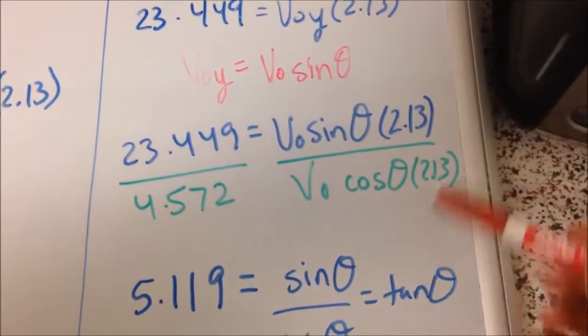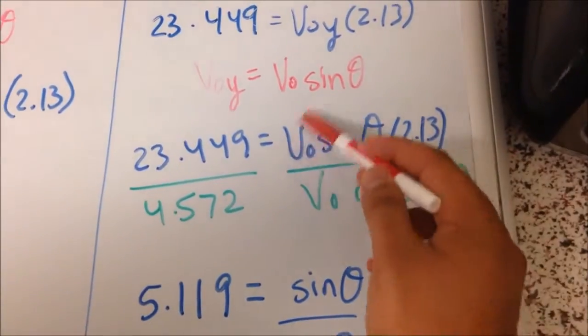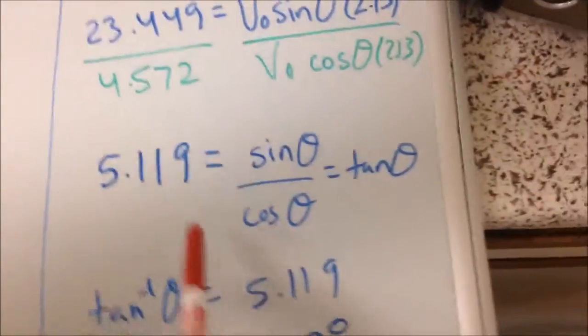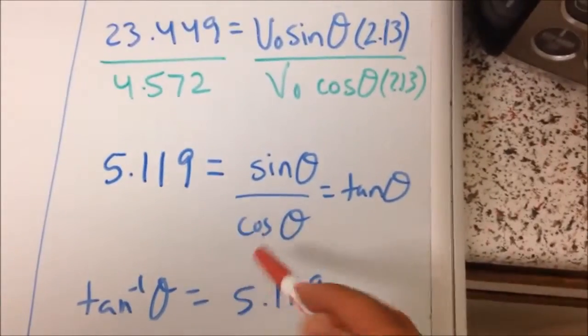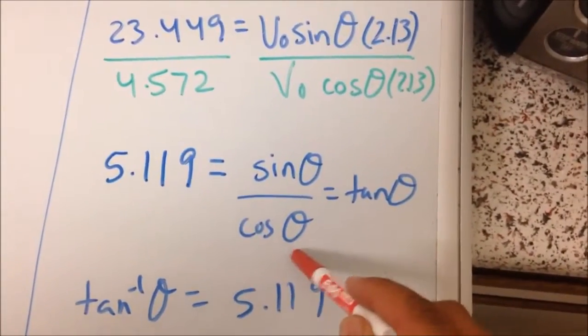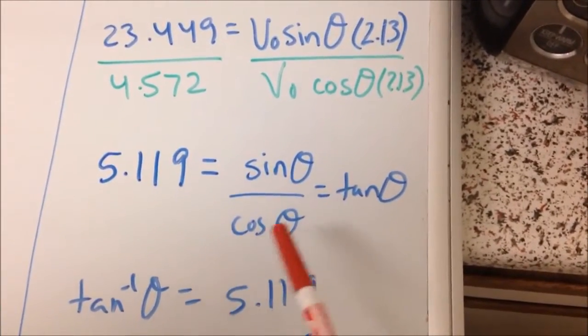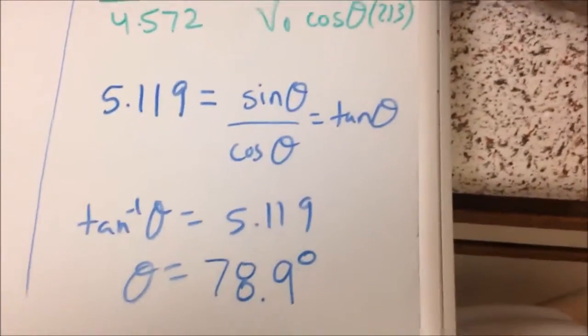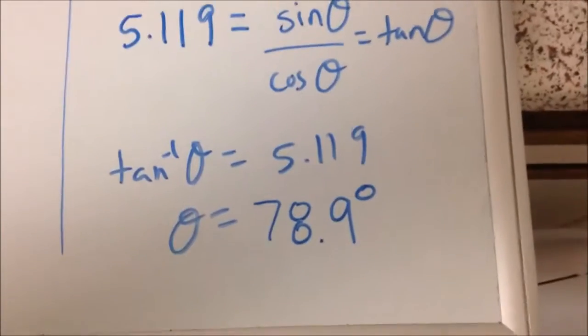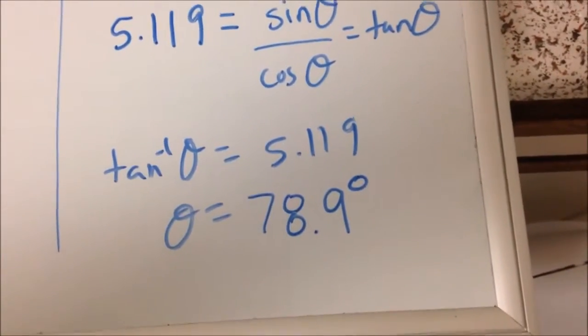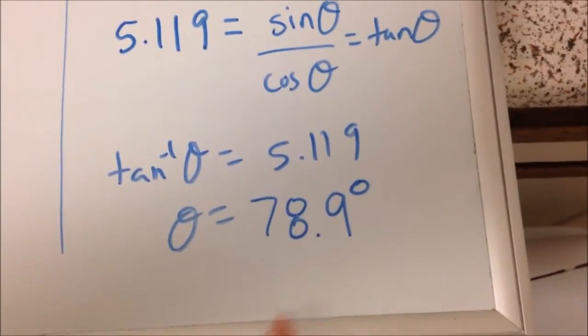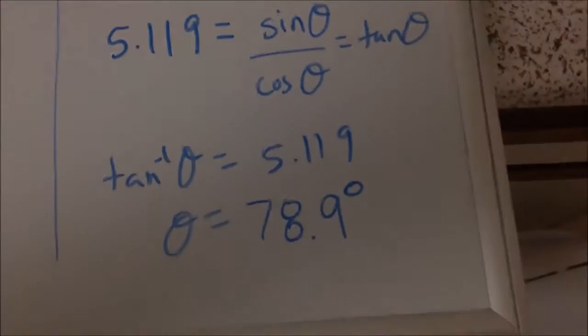And now you can get rid of the v naught, and then you have 5.119 equals sine of theta over cosine of theta. And as you might remember, sine theta over cosine of theta equals tan theta. So you get the inverse tangent of 5.119, and then you can solve for that and you should get 78.9 degrees.